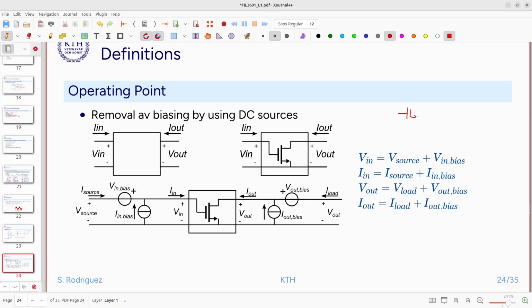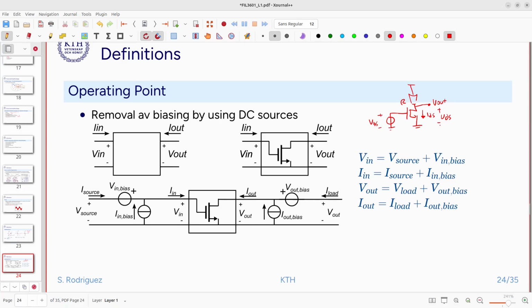Typically what we have done in previous courses is that we connect this to a VGS voltage source, and then we let some current pass here. Let's put Vout here. We let some current IDS pass here, and then we have a voltage that will be here, VDS. This is typically what we do.